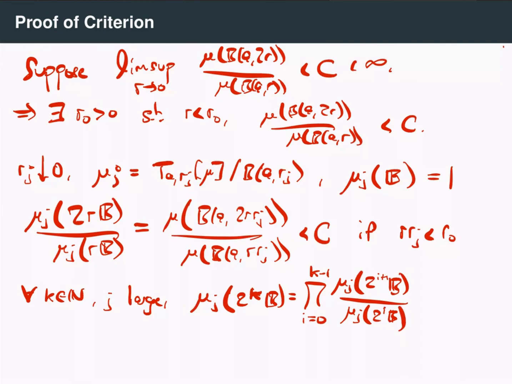And notice that when i is equal to 0, in the denominator here we have mu j of the unit ball, which we recall is equal to 1. So that's why this product ends up telescoping and equaling this value.